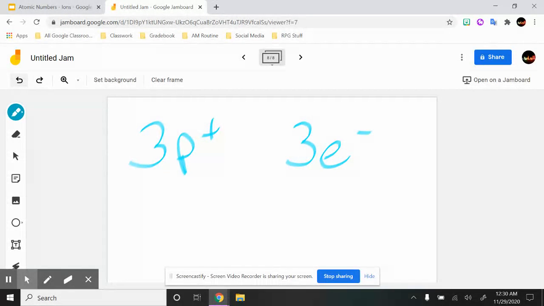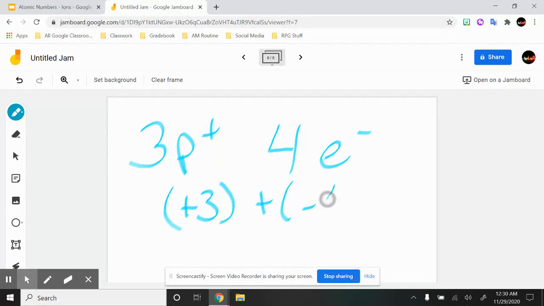This time, though, instead of losing an electron, let's say we gain an electron. So instead of losing an electron, I gain 1. So we're going to add these together. I have positive 3 plus negative 4, and when I add those together, I'm going to get a charge of negative 1.